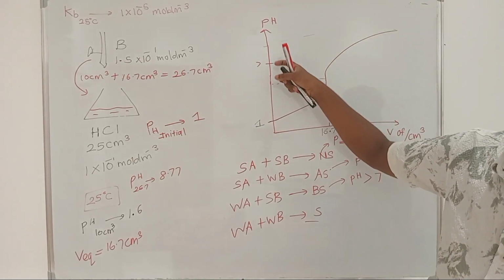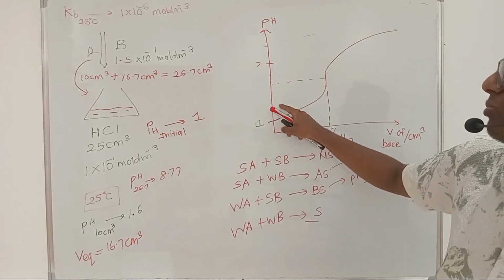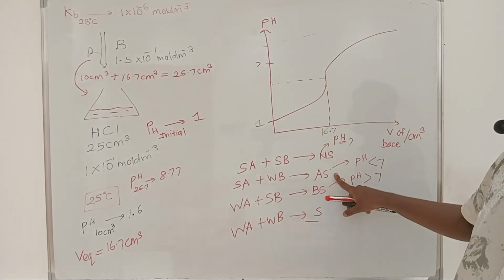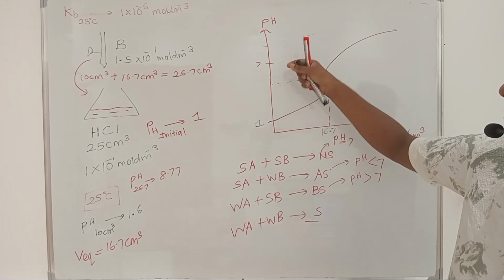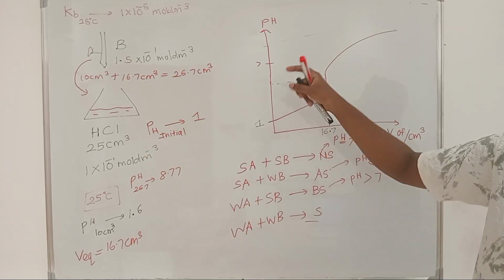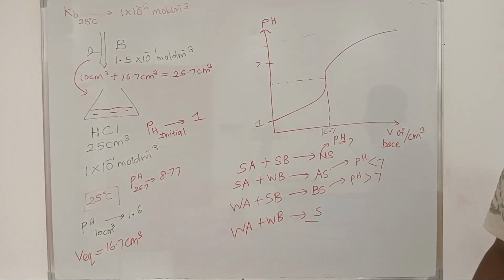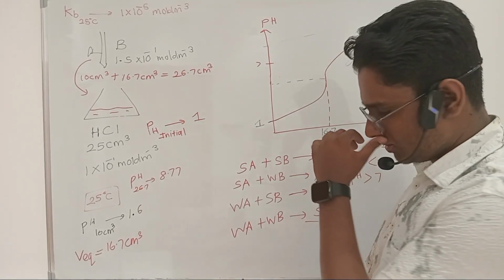Mainly below 7, and it must be above 5, because pH 1 means it's a strong acid. At the equivalence point it is an acidic salt only, but not as strong as this acid. So it must be below 7 and above about 4 or 4.5. The axes must be labeled with units: pH must be labeled, and volume of base must be labeled with the units. So that is what is expected in the graph.